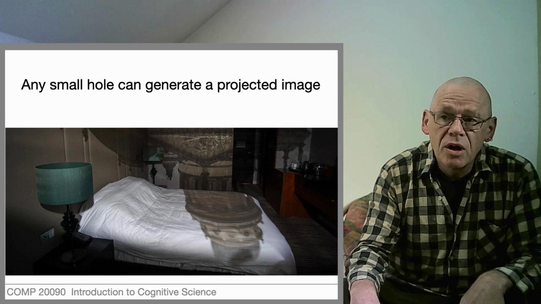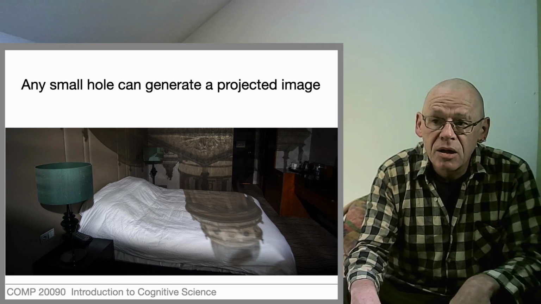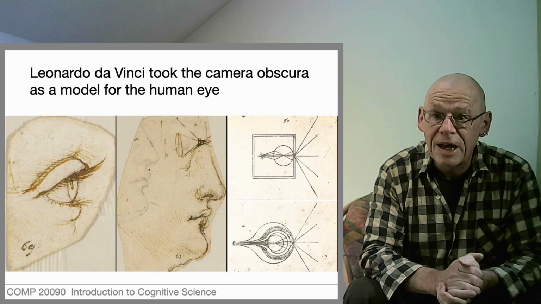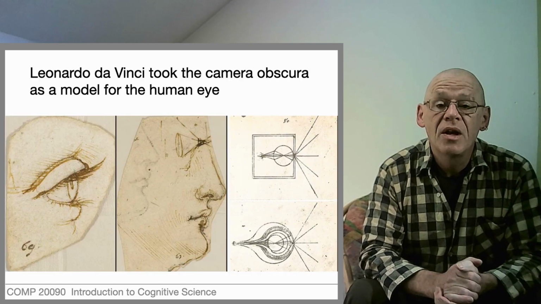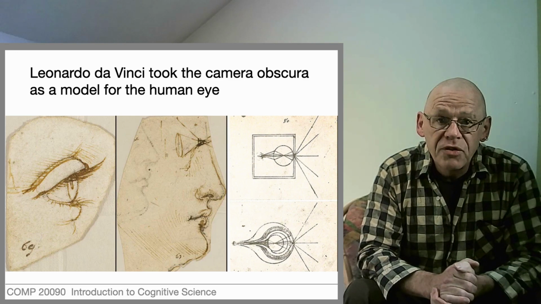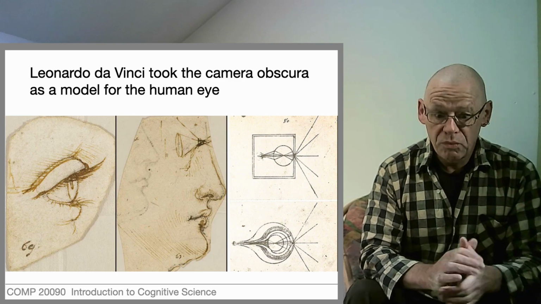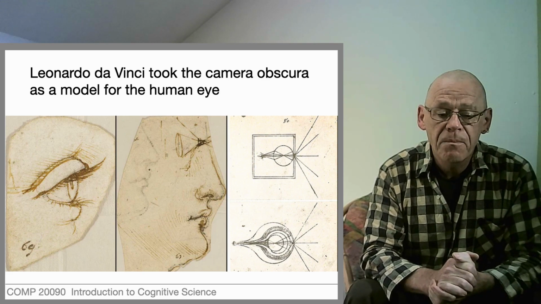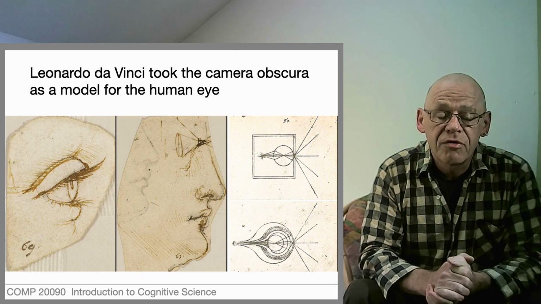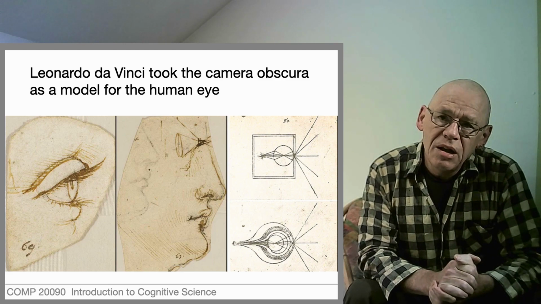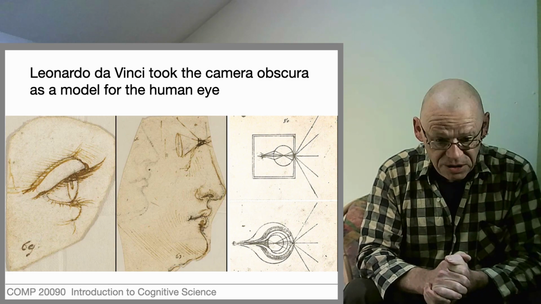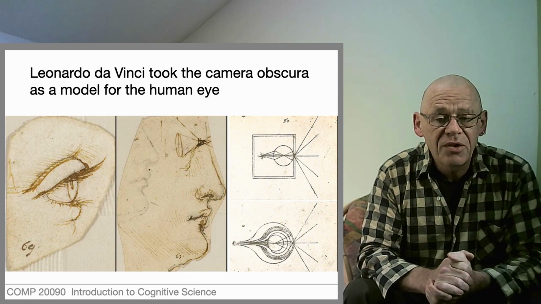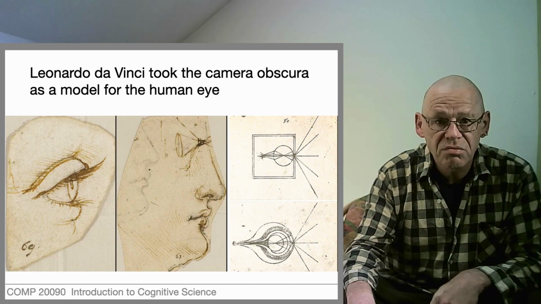The camera obscura was well known a long, long time ago, and no less a person than Leonardo da Vinci recognized that the eye must have strong similarities to a camera obscura, and he took that as a model for the eye. But he was interested in geometry and light, and he wasn't much of a physiologist.